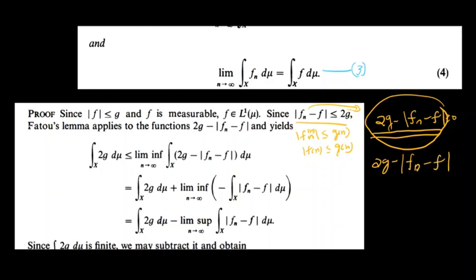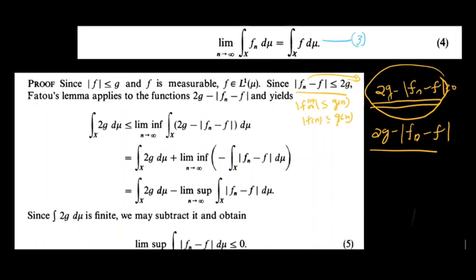So what is Fatou's lemma? Fatou's lemma says that the integral of the lim inf is less than or equal to the lim inf of the integral. Here we want to apply Fatou's lemma to this function.